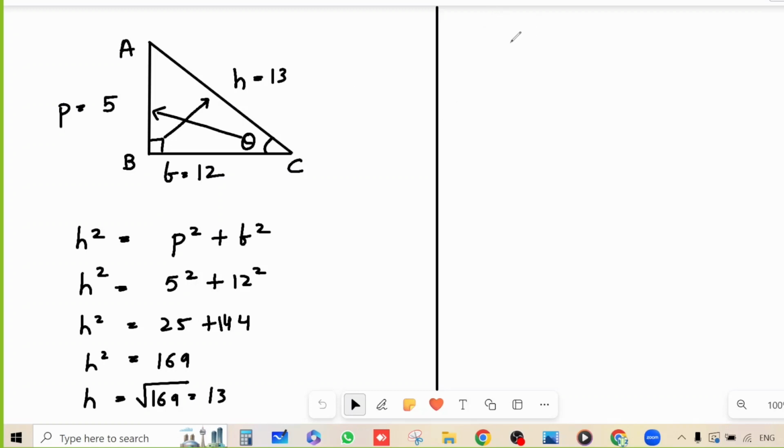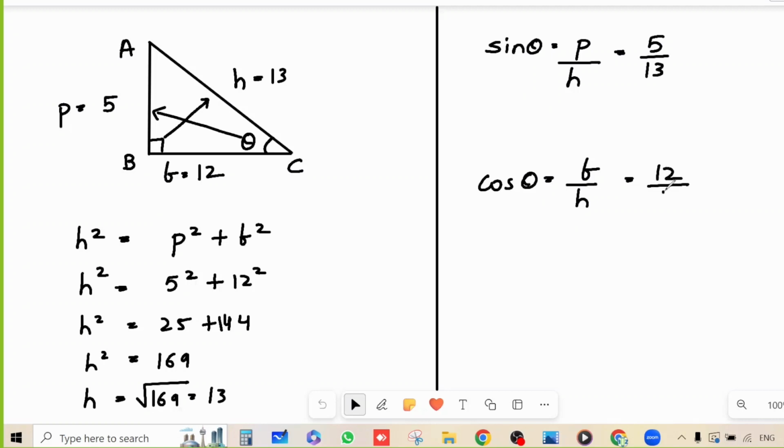Now let us find out the various trigonometrical ratios. The value of sin theta is equal to perpendicular upon hypotenuse, that is equal to 5 upon 13. The value of cos theta is equal to base upon hypotenuse, that is equal to 12 upon 13. And the value of tan theta is perpendicular upon base, which is equal to 5 by 12.